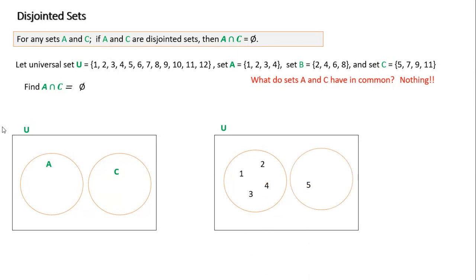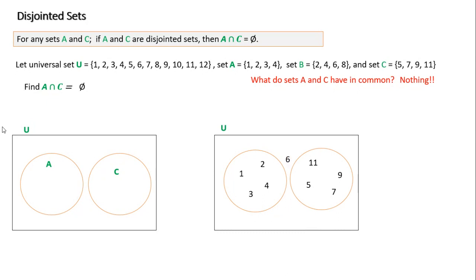Set C is 5, 7, 9, 11. You see they don't overlap. These are two different sets that have nothing in common. So this is disjoint. Again, since they don't share anything, my answer is the empty set, right?